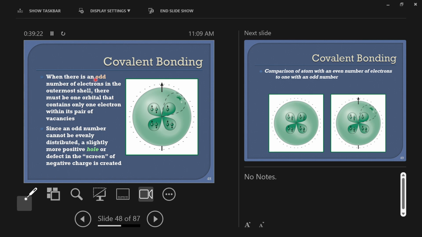When there is an odd number of electrons in the outermost shell, there must be 1 orbital that contains only 1 electron. That's what it means to have an odd number, right? They want to pair up, and anytime things are in pairs, we can only have even numbers. If there's an odd number of electrons, and you'll know because you'll learn the octet rule and the 2n squared rule and the number of positive and negative charges.